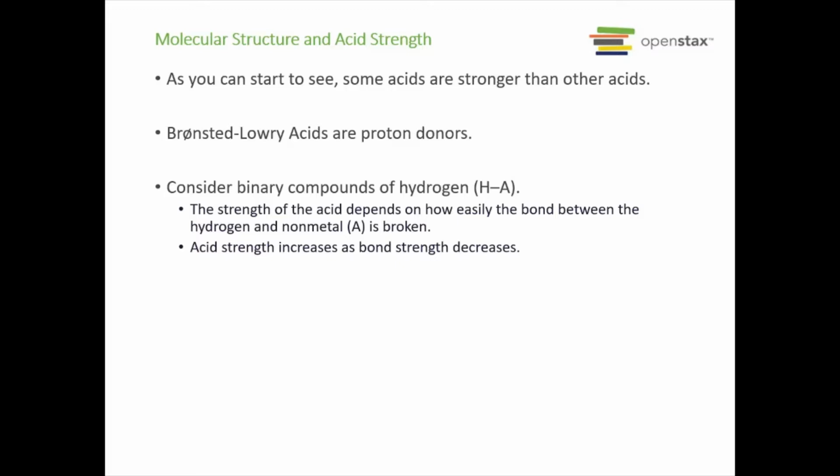These are still hydrogen with one other type of atom. The acid strength is going to increase as its bond strength decreases, because we want to be able to give the H away. If it's holding on to that H pretty strongly, it's going to be more of a weak acid because it doesn't want to give it away.